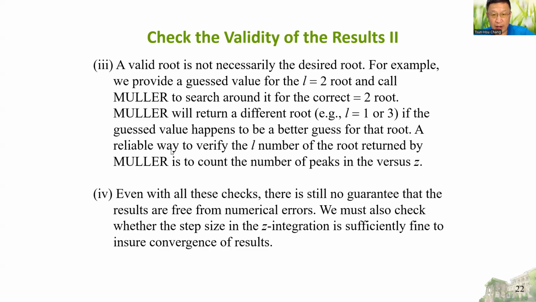A reliable way to verify the L number of the root returned by Muller is to count the number of peaks in f of Z versus Z, in a profile of f of Z versus Z.